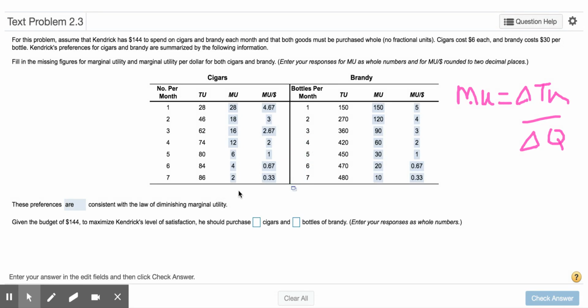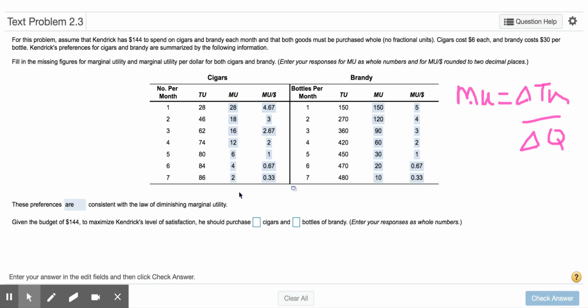Now, this is the important part. In this question, you need to calculate the amount of cigars and brandy that maximizes Kendrick's satisfaction or utility given his budget constraint.